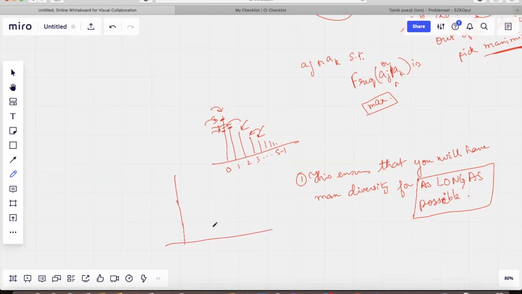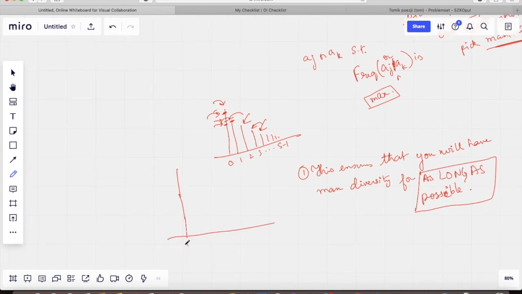This tower effectively means that the frequency of some item Ai is very high, and for all the rest of the items, you just have single AJs. So that means now every time you pick an AK from here, your diversity decreases. But instead, if you had utilized more of this Ai, then it would still have been a bit longer. Then even taking here would not have decreased your diversity. So that is what I mean by keeping the diversity maximum as long as possible.